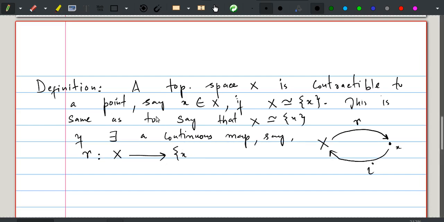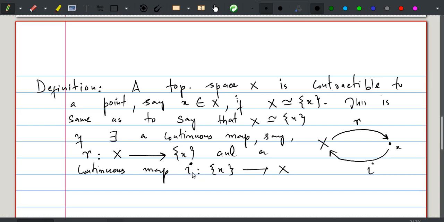Note that this function maps the entire space to this single point, so this has to be a constant map, and a continuous map i from this singleton set to X. So this may be an inclusion map as well.